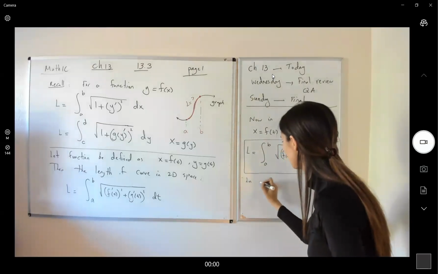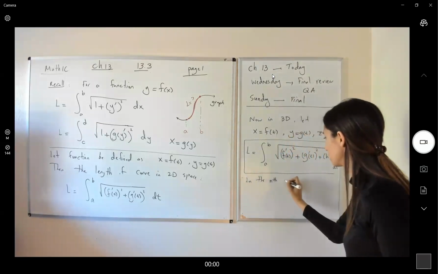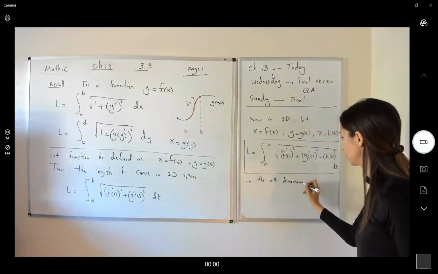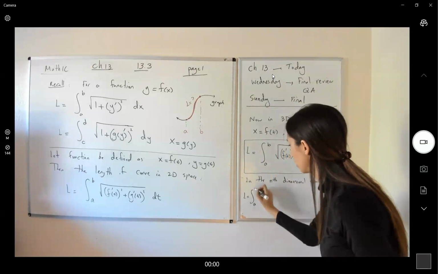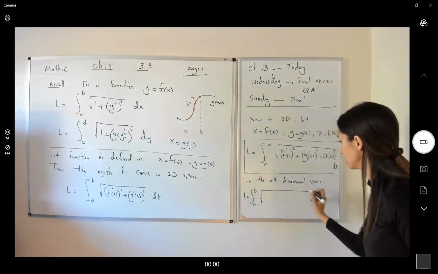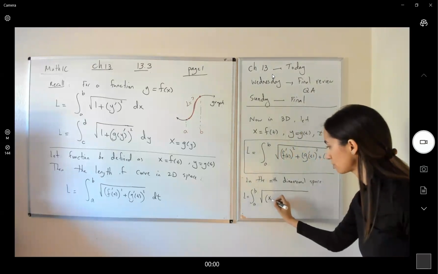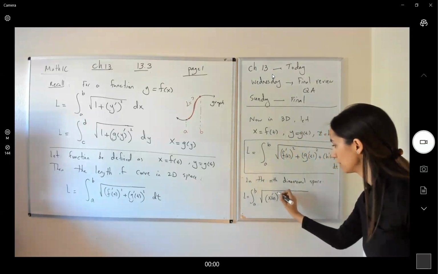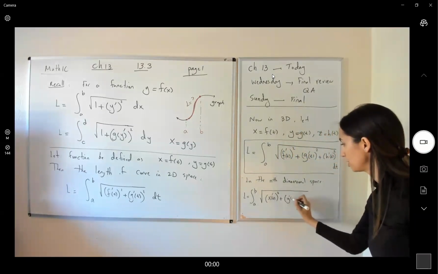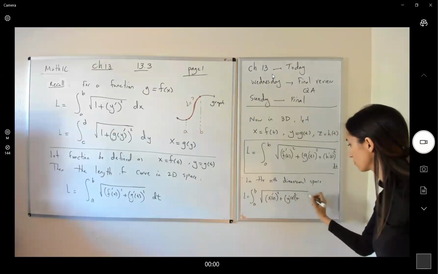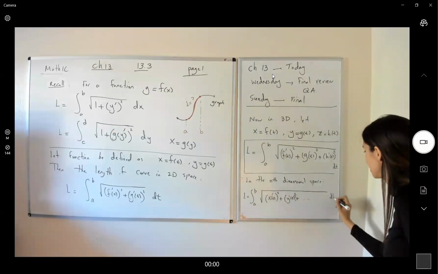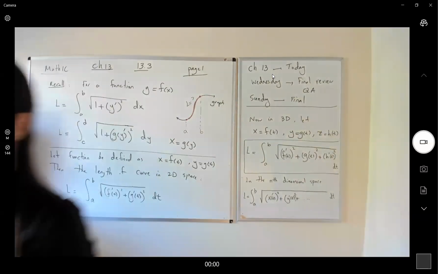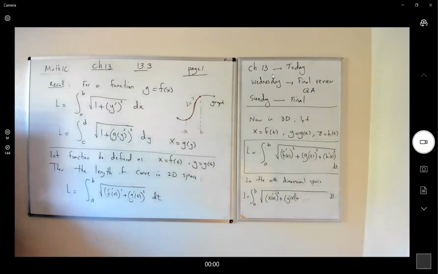So in n-dimensional space, the length of the curve is equal to the integral from a to b of the square root of, we take the derivative of x with respect to t raised to 2, the derivative of y with respect to t squared plus the rest of the coordinates. There you go.